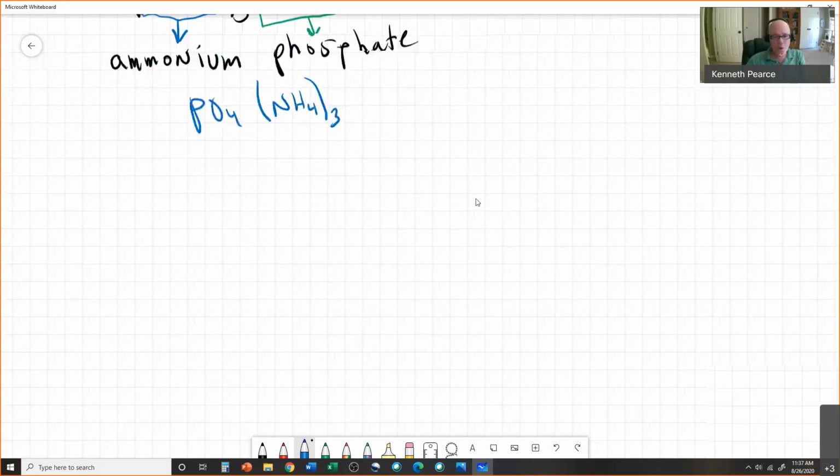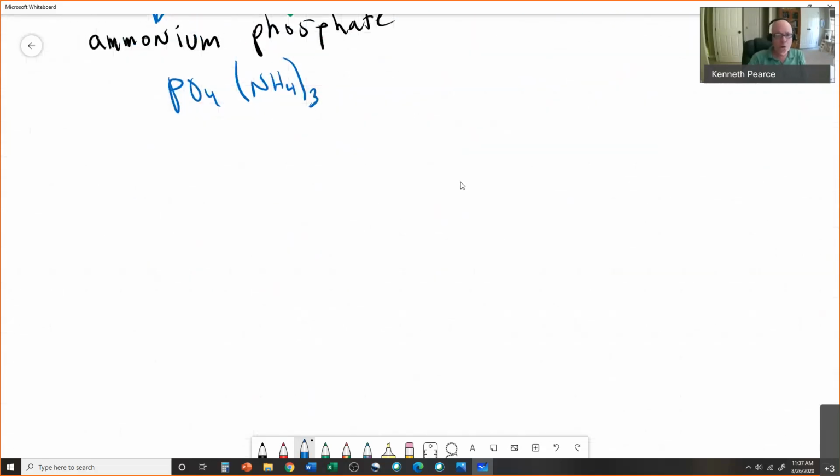And so a useful exercise that you can do on your own is you can list some cations down the left, and anions across the top. You can do this on your own, and you can try naming these guys. This is a useful exercise that you can practice on your own.